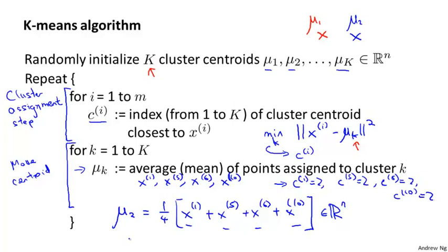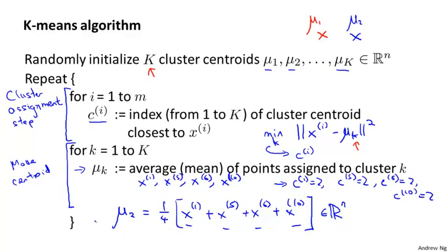But sometimes if you really need k clusters, then the other thing you can do if you have a cluster centroid with no points assigned to it is you can just randomly reinitialize that cluster centroid. But it's more common to just eliminate a cluster if somewhere during k-means it ends up with no points assigned to that cluster centroid. And that can happen, although in practice it happens not that often.